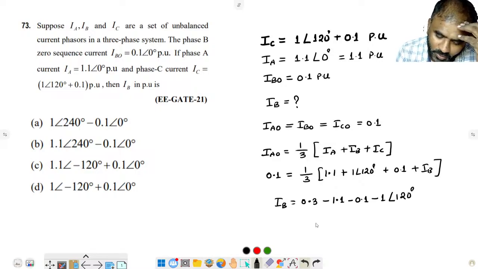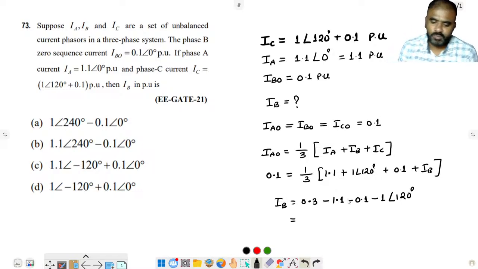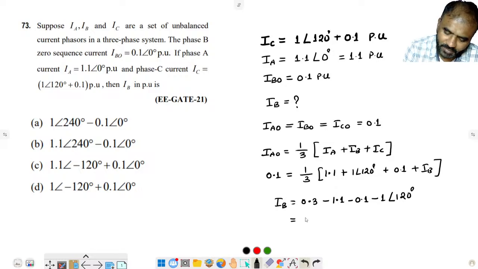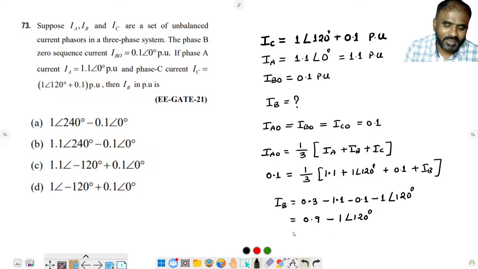Now from this what you can write? 0.3 minus 1.1 minus 0.1, that is 0.3 minus 1.2. That is minus 0.9. So minus 0.9 minus 1 at an angle 120 degrees is the answer. But that option is not there.